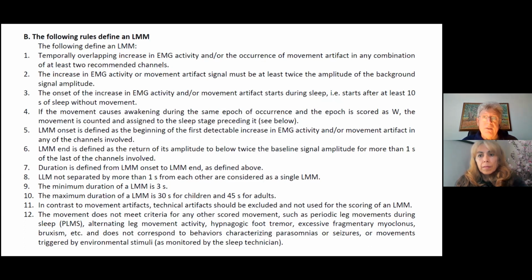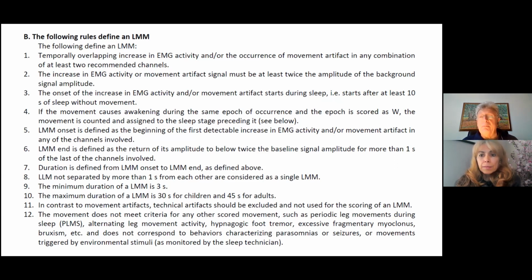Of course, if the movements occur only on leg channels, we have to pay attention because we have to separate these large muscle group movements from the so-called periodic leg movements. And this is something that we have to pay attention to because when we score periodic leg movements, they cannot also be forming a large muscle group movement.